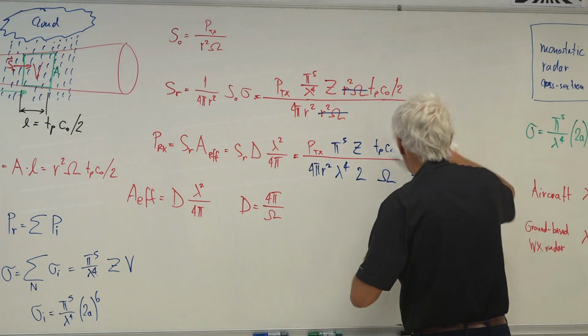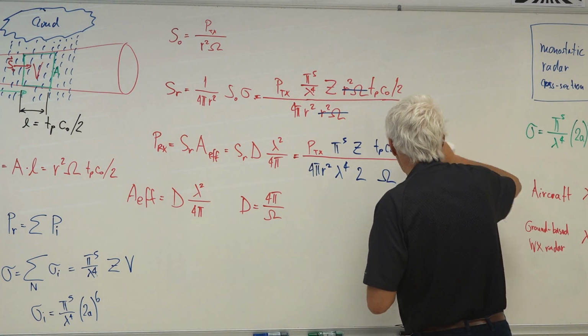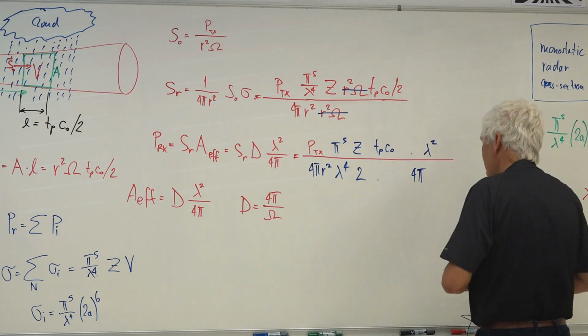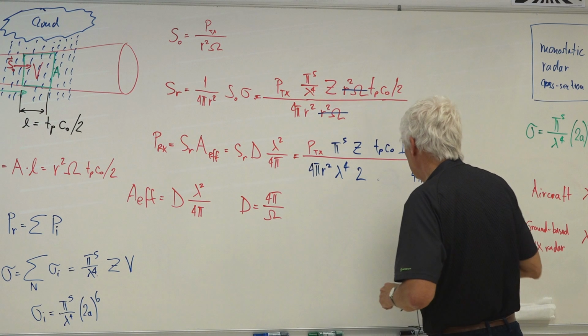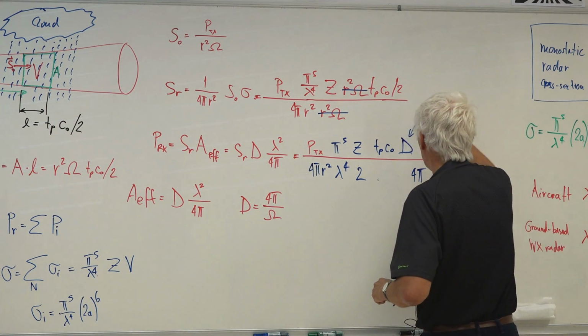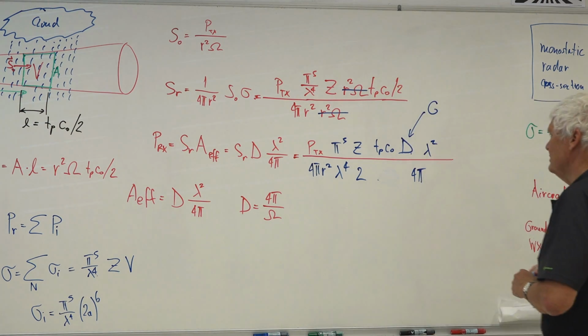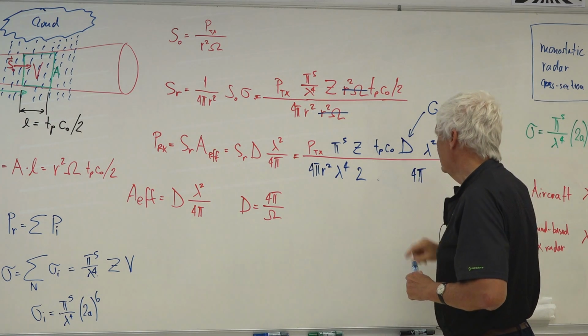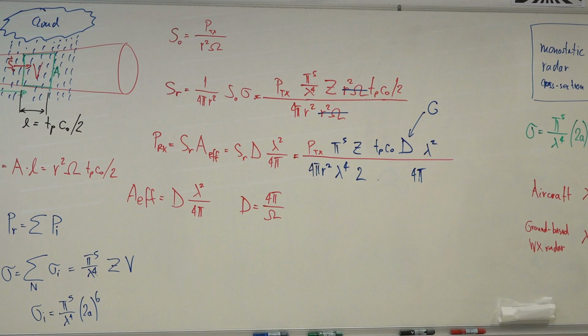It is much easier to work with if I write the directivity here, or better to put in gain if I have some efficiency problems. Everything else cancels out. We could put gain, but I prefer to have directivity over there.